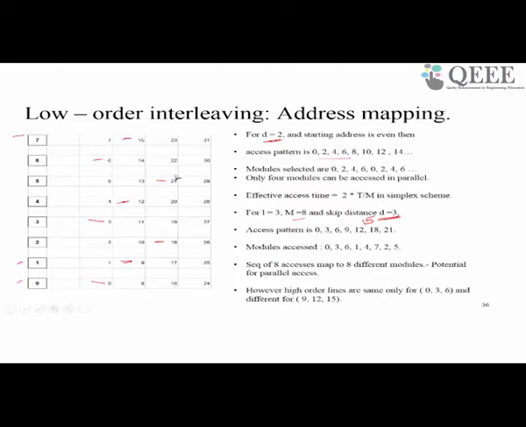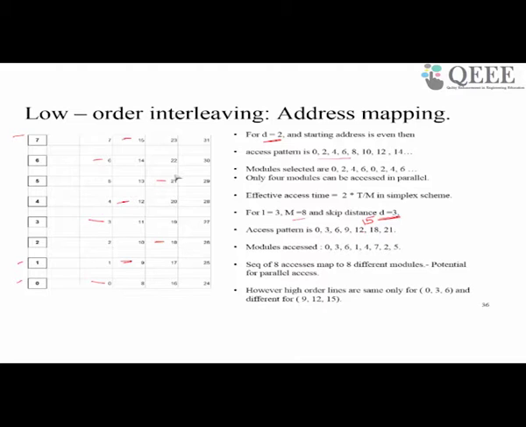This is how the pattern gets mapped, which means over a sequence of 8 accesses, they all get mapped onto different modules. So there is a potential parallelism of using those modules.